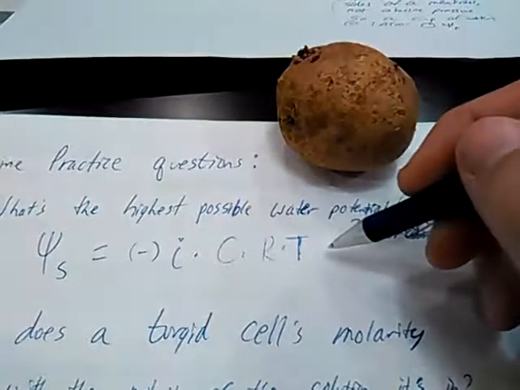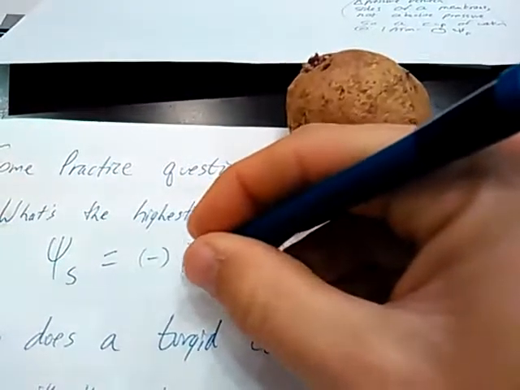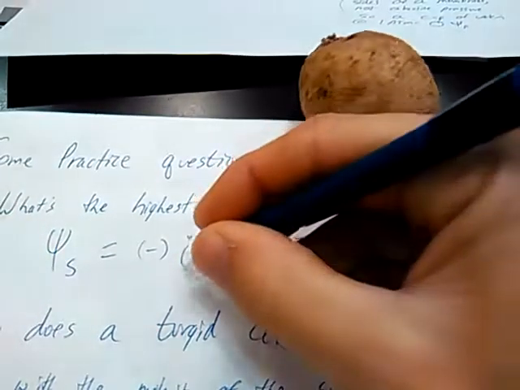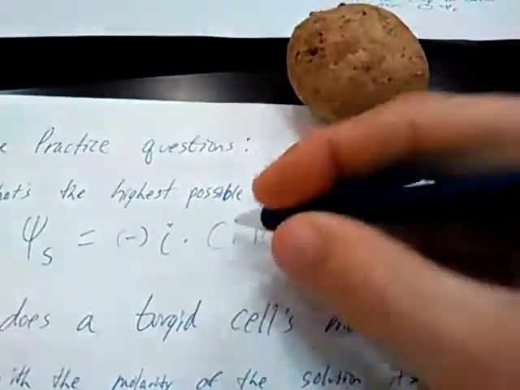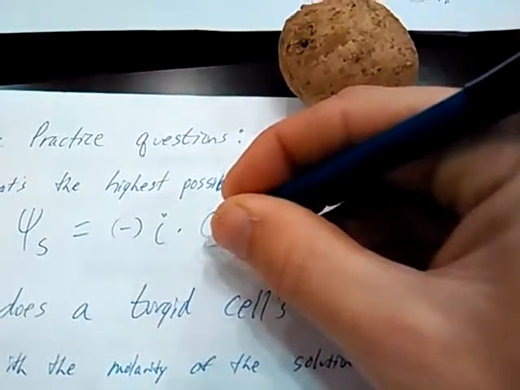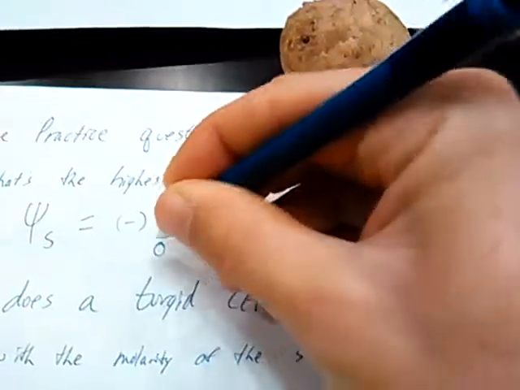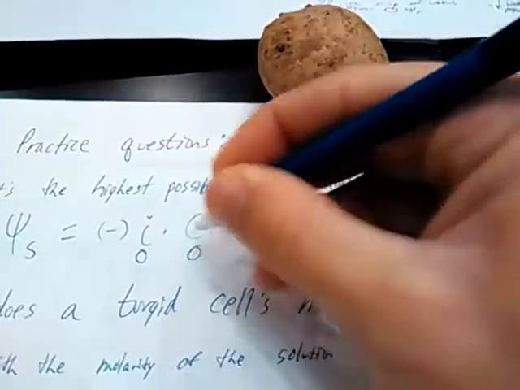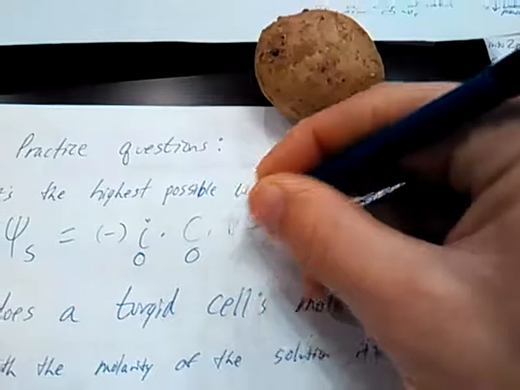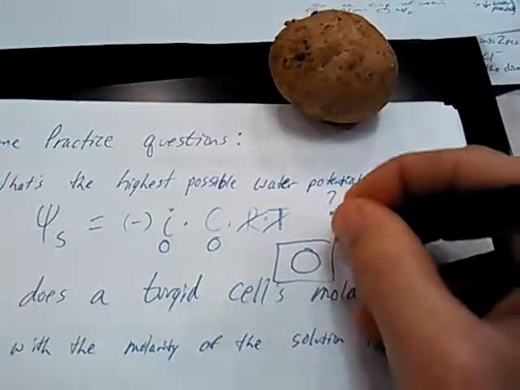So the closest way we can get to having a high number with this is to put in a 1 for our i value, our ionization, or I suppose we could go with a 0 here or a 0 here. 0 in this one would indicate that it's distilled water, which would do the same thing for this one, 0 concentration. It doesn't matter what happens to the R and the T because 0 times 0. So the highest possible water potential is 0.